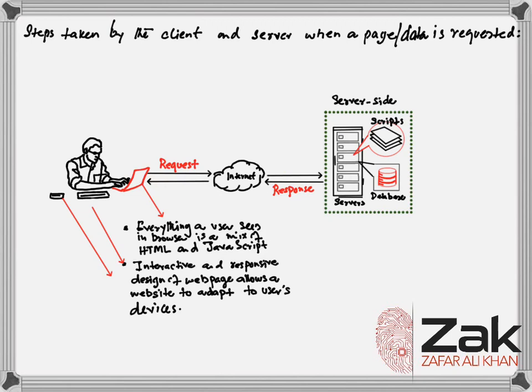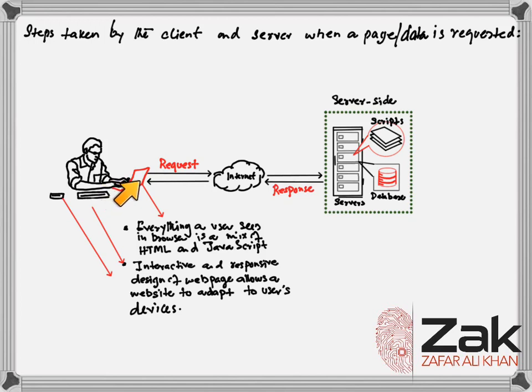Now you need to pay attention to this part. Important, this is a very important part. Steps taken by the client and server when a page or data is requested. So let's say this is a person who is using a cell phone, a tab, or a laptop, and has a website open on his computer. He's working on it.